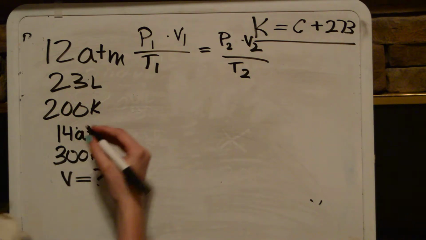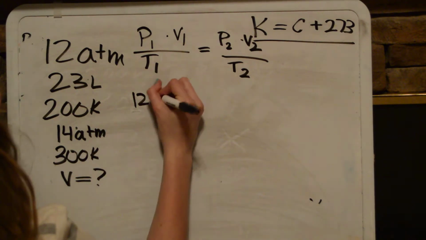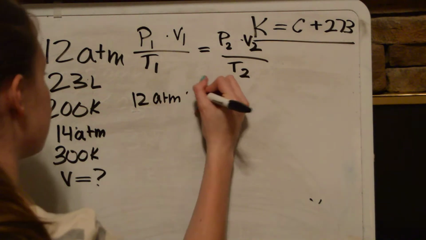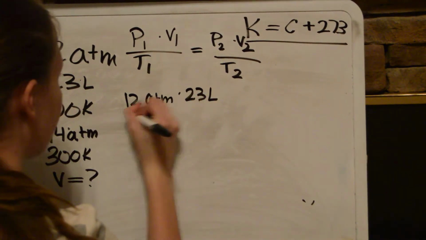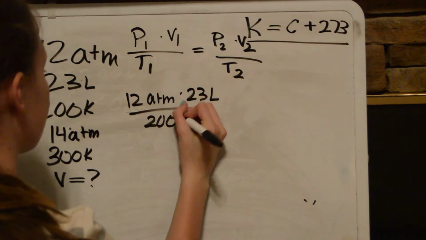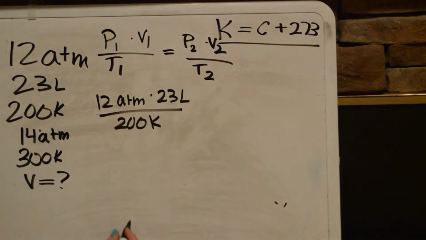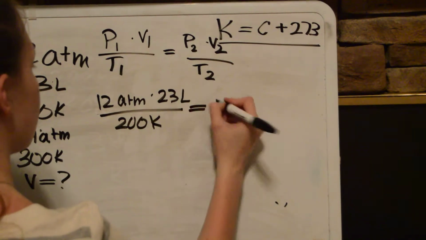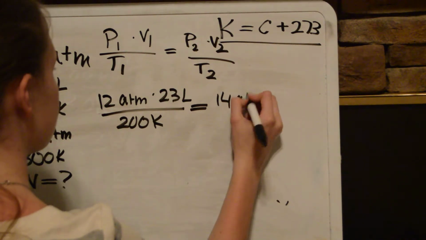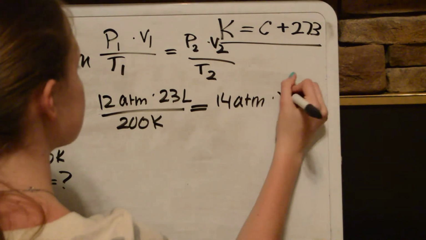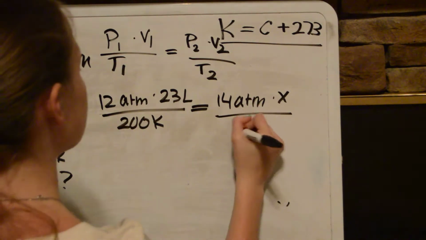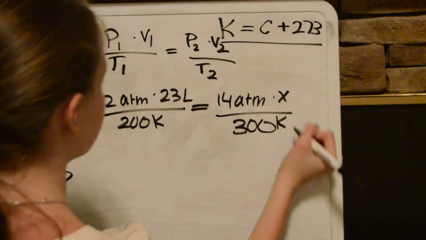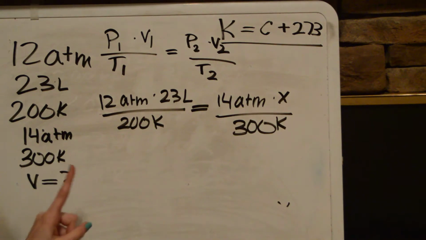So, 12 atm times 23 liters divided by 200 Kelvin equals 14 atm times x, our variable, divided by 300 Kelvin. And we're not going to cross multiply just yet.